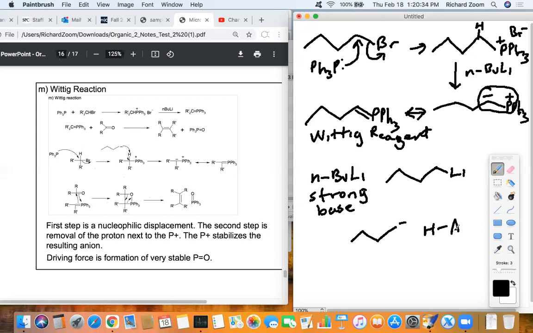We'll say AH. And it will form butane plus A minus. Now butane is a gas and it will float away, but it's also flammable, right?